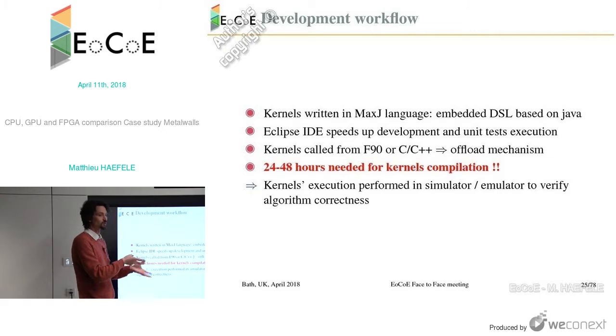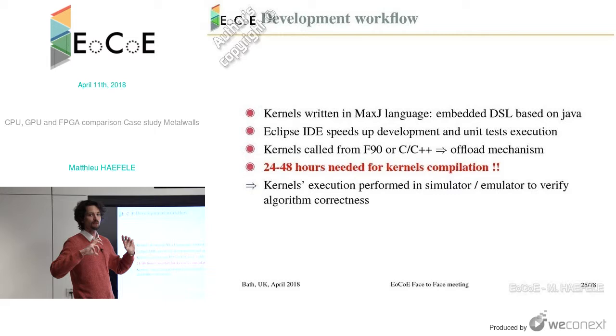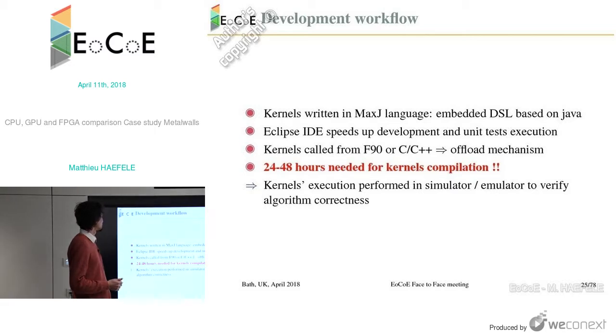You have kernels, and some classes and objects you can use, and everything is then transformed into VHDL, and then this VHDL is transformed into the binary you will load into the FPGA. So they have the whole software chain down to the hardware. They have an Eclipse plugin that helps you develop this kind of thing.